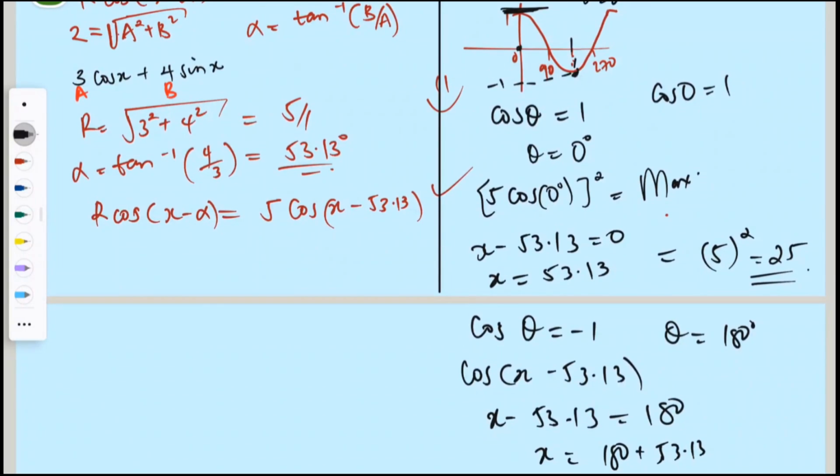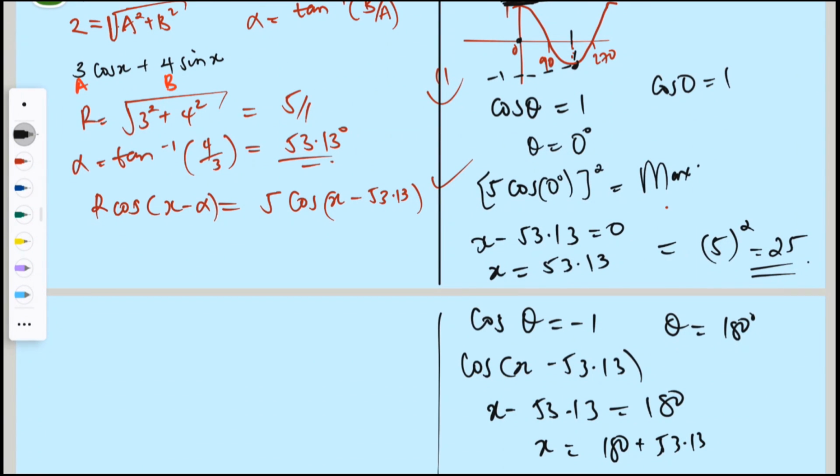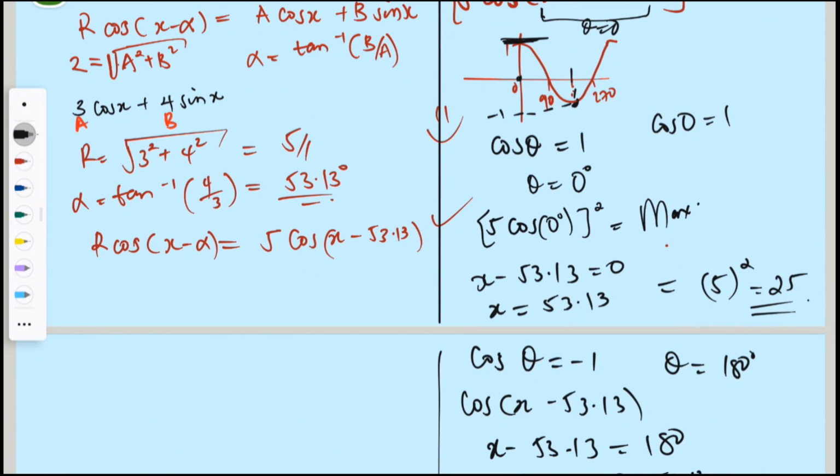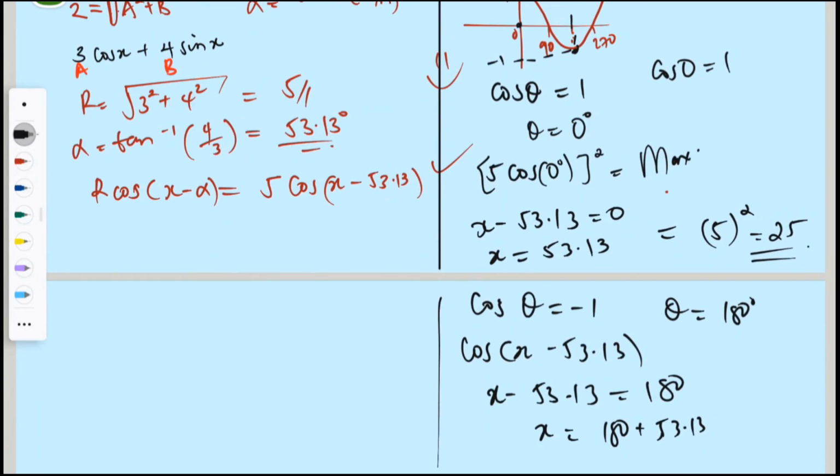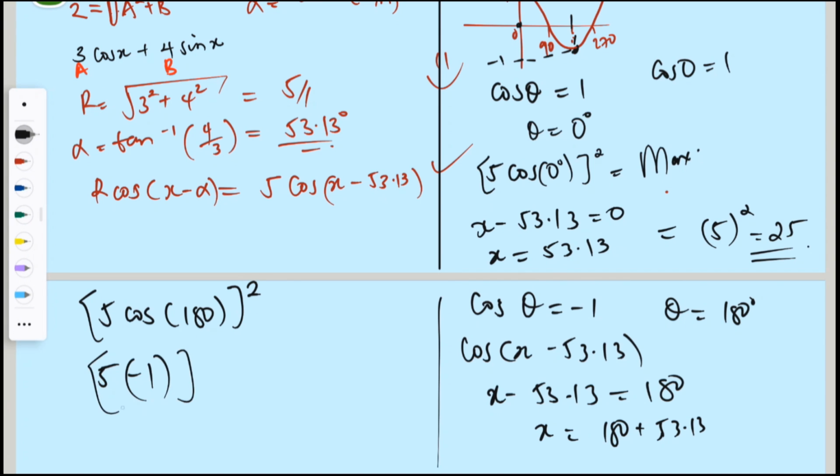So 5 cos of 180 is 5 times -1, which is -5. So -5 all squared, it will still be 25.